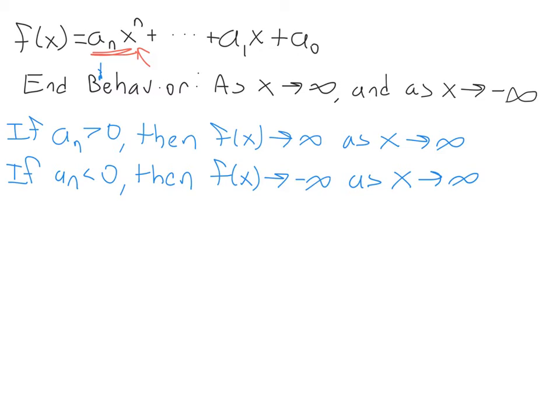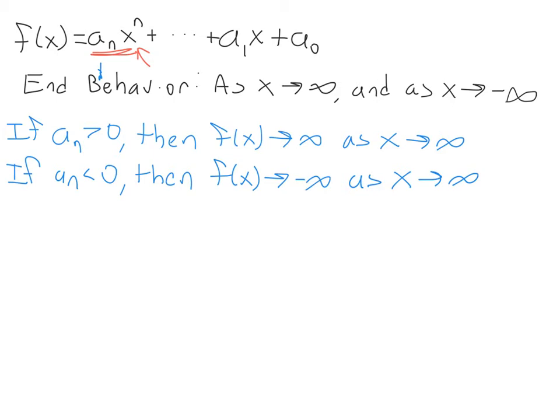That being, x to the n is going to be positive as x goes to positive infinity. So we would have positive times negative, which has to give me a negative value.